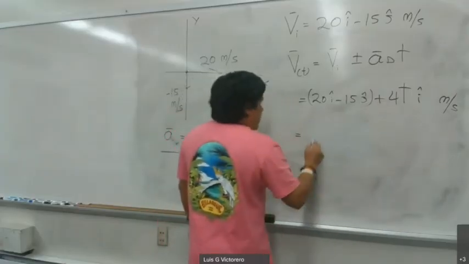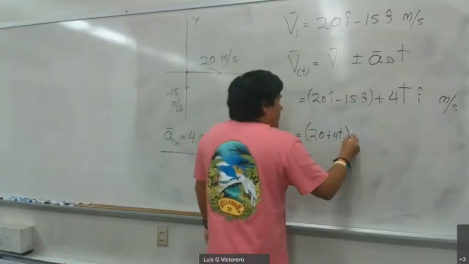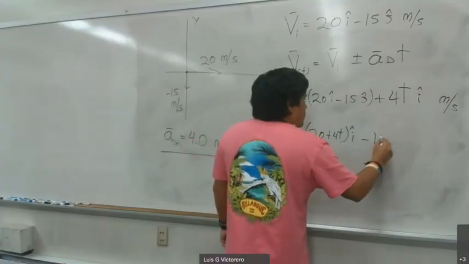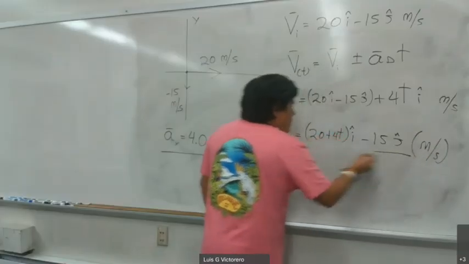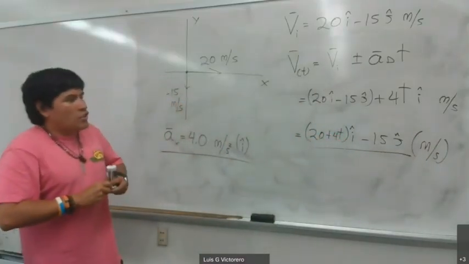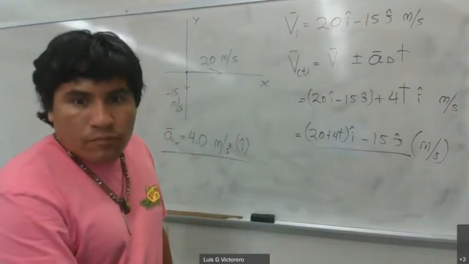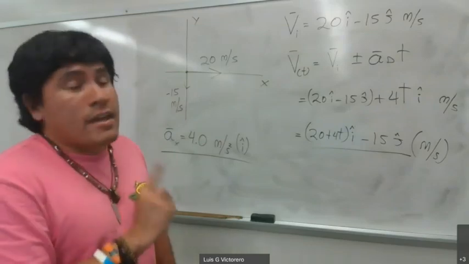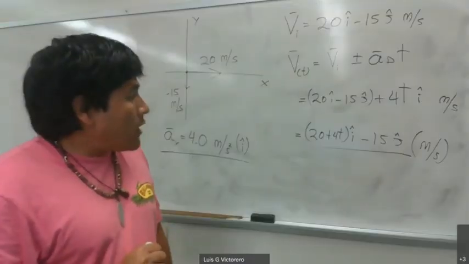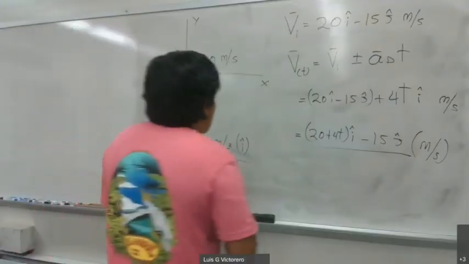So i with i, 20 plus 4t i minus 15j. That is the velocity at any point as a function of time. Now we want to find the velocity and the speed at t equals 5 and the angle the velocity makes with the x-axis. All right.